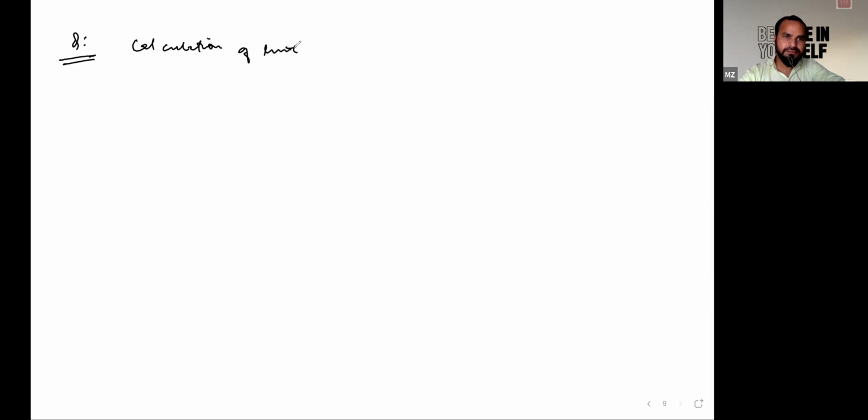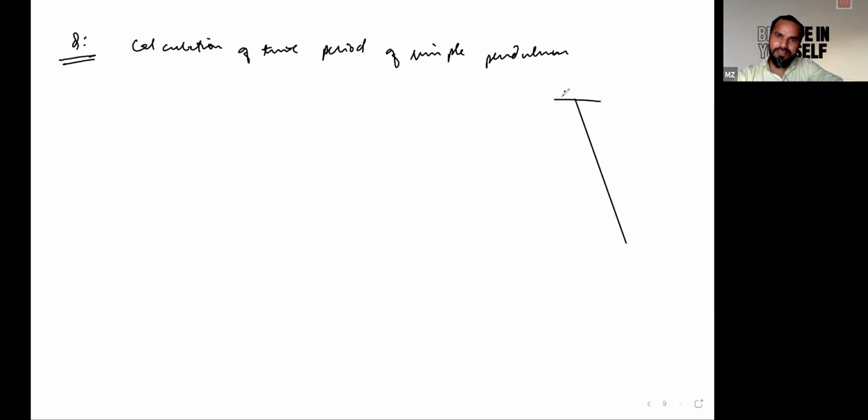Calculation of the time period of a simple pendulum, in which you have a pendulum like this, having a support over here, containing a ball of mass m, length of the string L, and it is acted on by gravity.